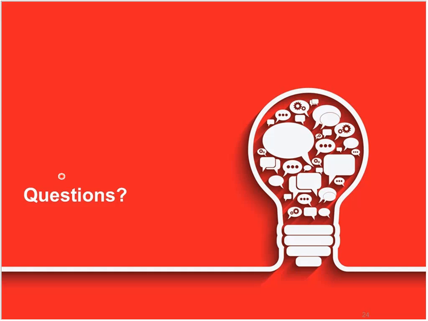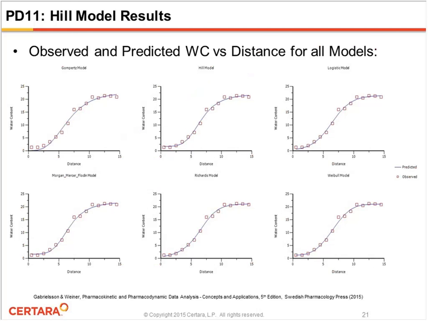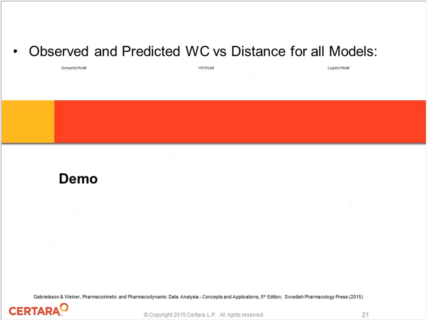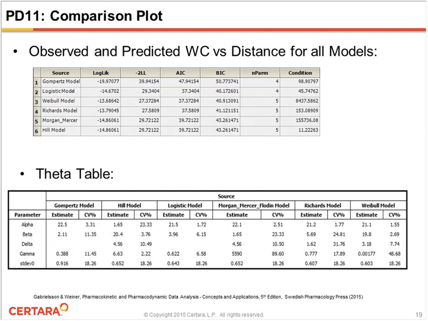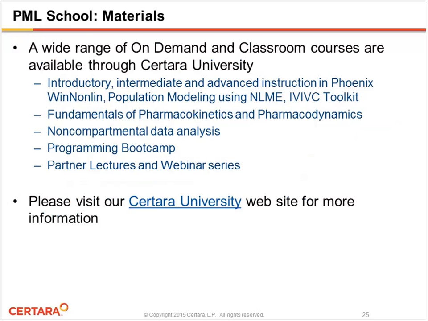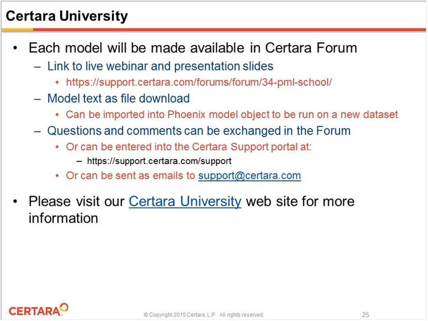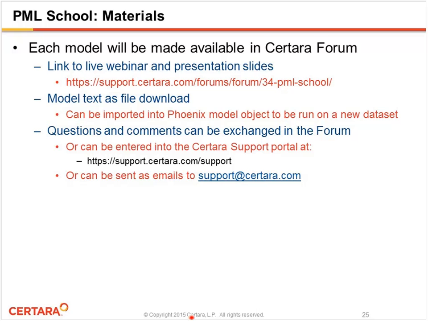So if we go back a bit, a good example of a nested model would be if we use the Hill model. Why don't I go back to Phoenix briefly here?